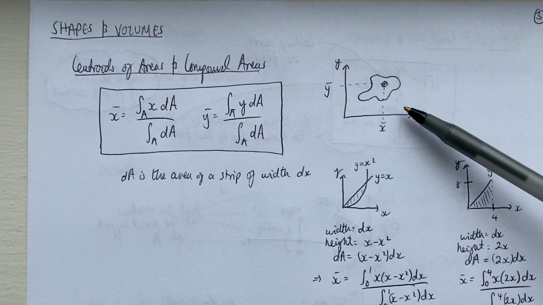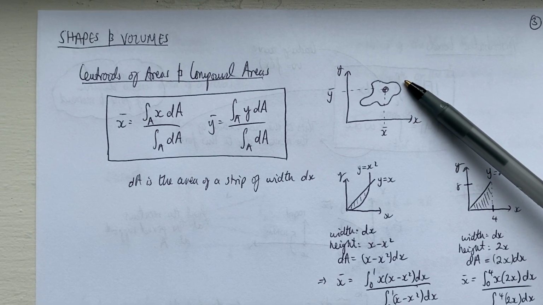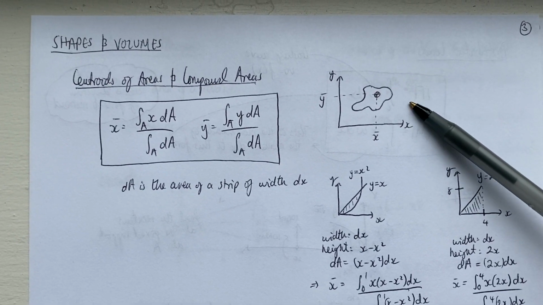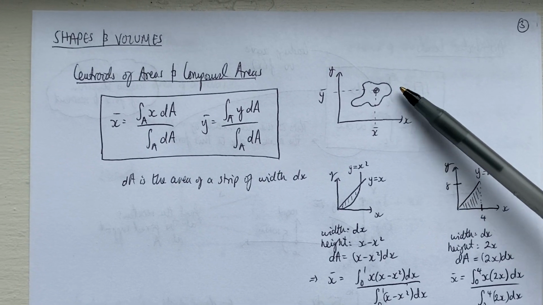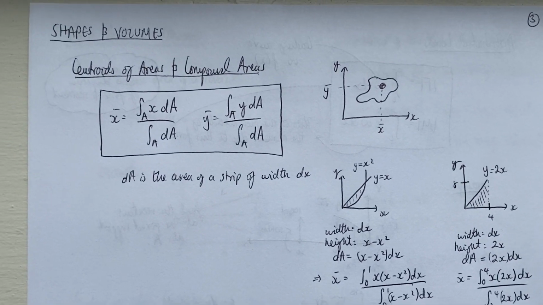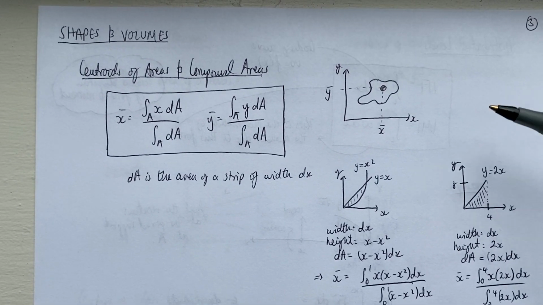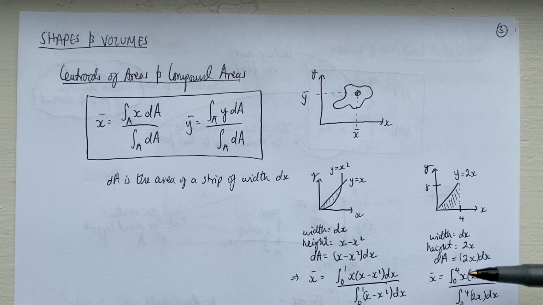So that's the concept, and this is useful for finding centers of mass, or finding the point at which the weight of an object acts, right? If we want to consider it as like a point vector, like a single point force.